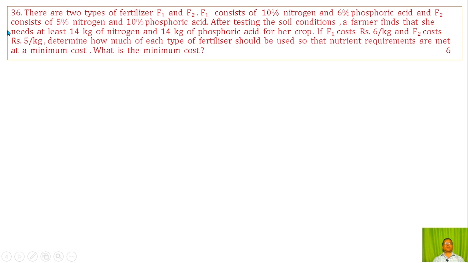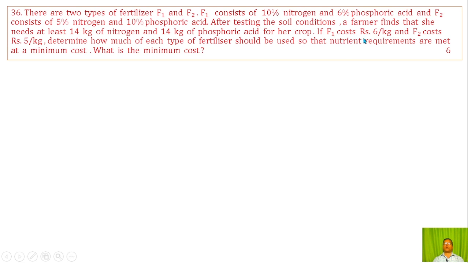Question number 36. There are two types of fertilizers F1 and F2. F1 consists of 10% nitrogen and 6% phosphoric acid, and F2 consists of 5% nitrogen and 10% phosphoric acid. After testing the soil conditions, a farmer finds that she needs at least 14 kg of nitrogen and 14 kg of phosphoric acid for her crop.